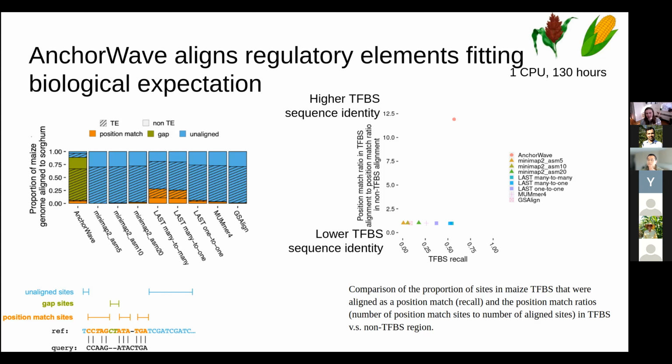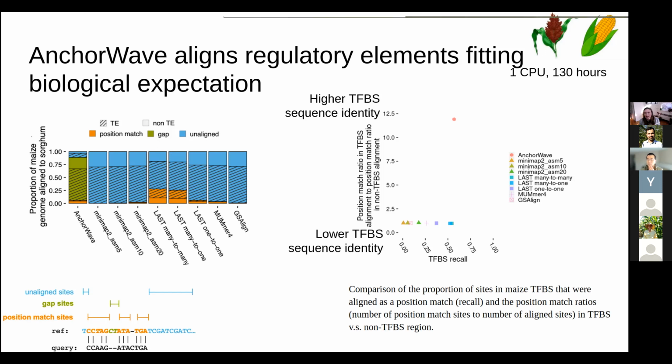So here we're just asking how many of those transcription factor binding sites in maize are aligned to matching nucleotides in sorghum. And so we don't have a perfect biological expectation of how high this value should get. We expect some conservation of transcription factor binding sites, largely because there are genes between maize and sorghum that are conserved and expressed in the same developmental stage, cellular compartment, all of these sorts of things.